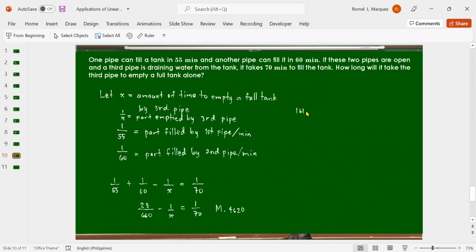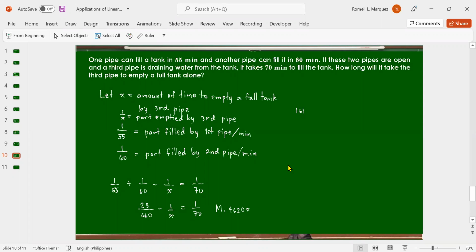161. Pakicheck ha. 23 times 4620 divided by 660 minus, so multiply ng may x natin ha. 620x equals 4620. Alin ang matatanggal ang x pala? Dapat may x yung isa. This one.